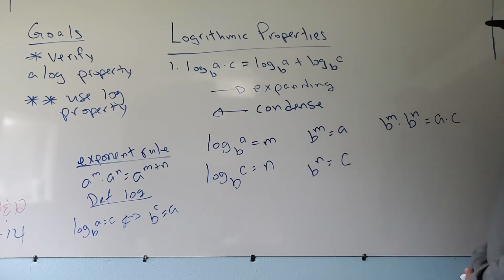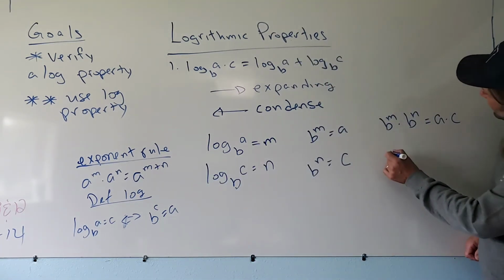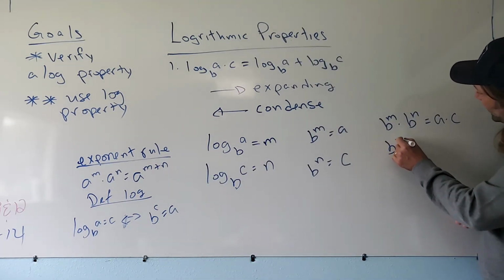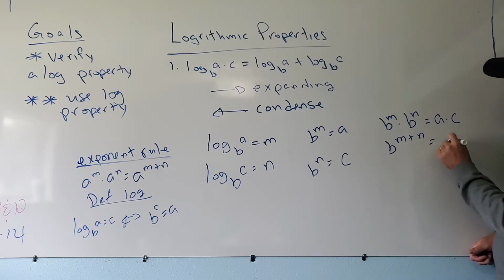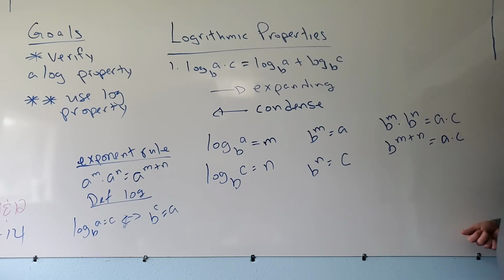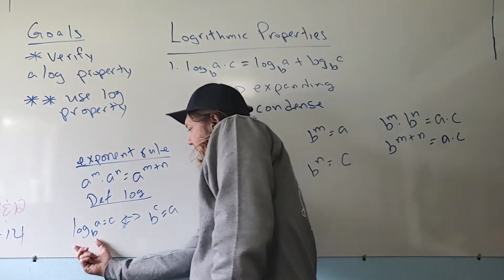All right, so now I'm going to use my exponent rule, which allows me to say that this is now b to the m plus n, and that's equal to a times c. Now I have this, so I'm going to rewrite it like this.